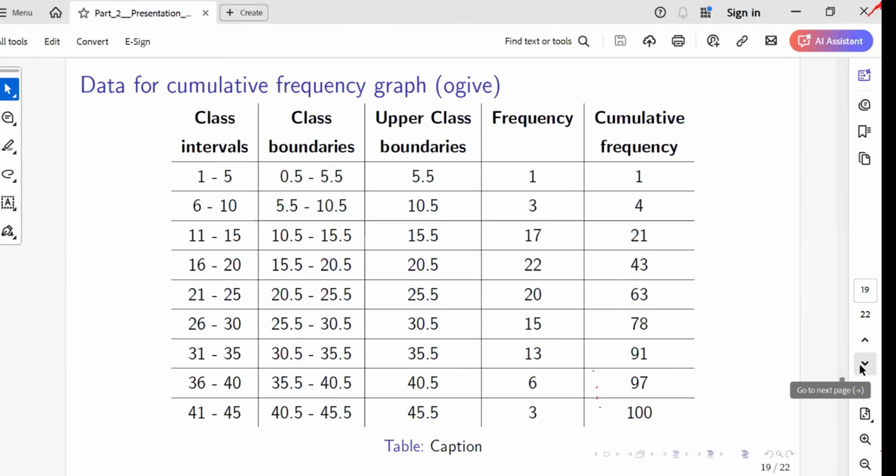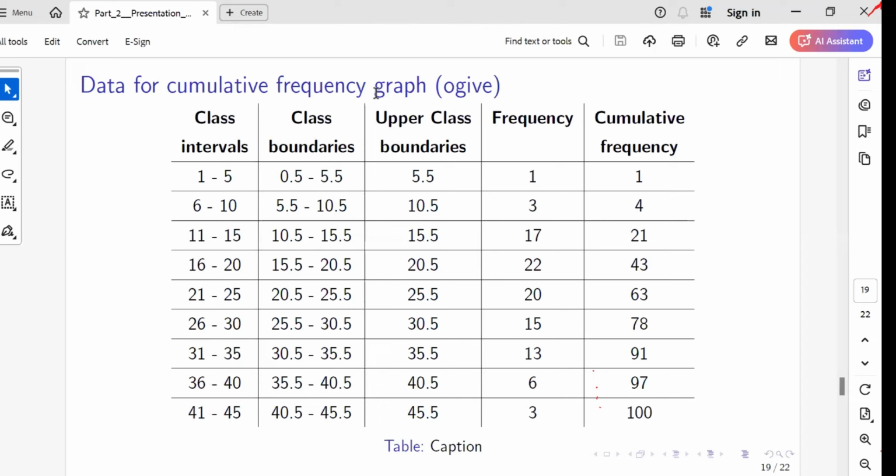So the final chart we'll be looking at is called the cumulative frequency graph. Another name for it is the ogive. So this is the data we want to use to draw our ogive. Now here is what I was referring to, the upper class boundary. I mentioned that I almost mistakenly used the upper class boundary to draw the histogram, but that was wrong.